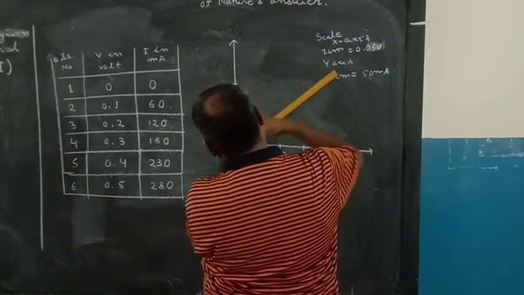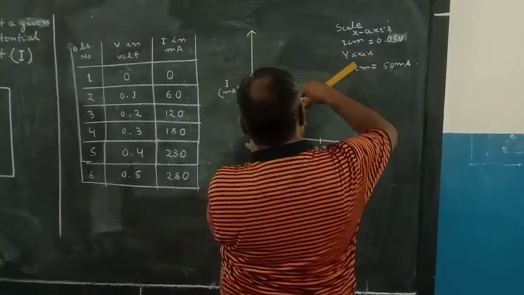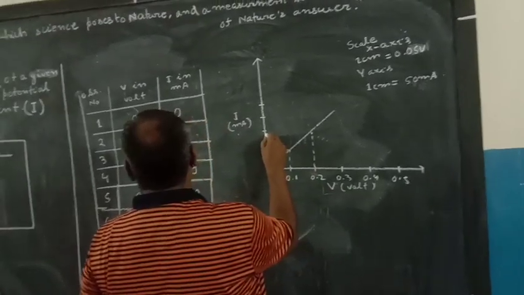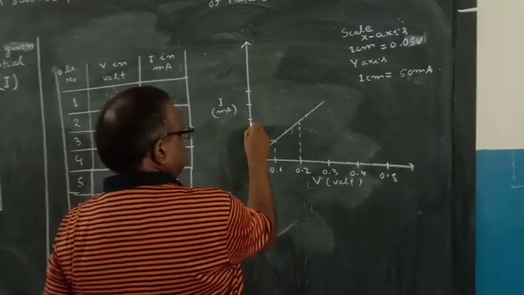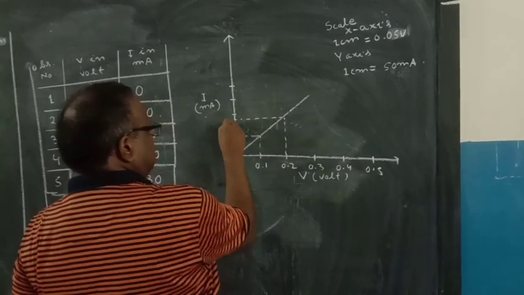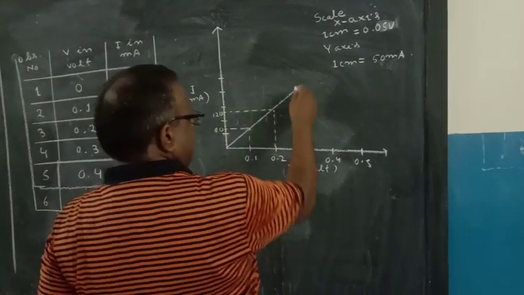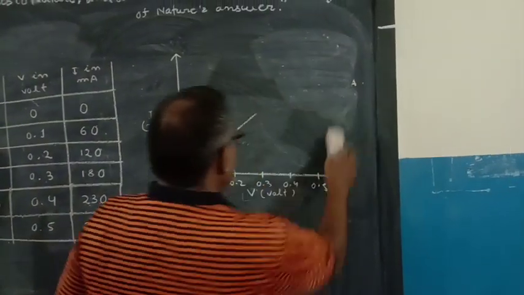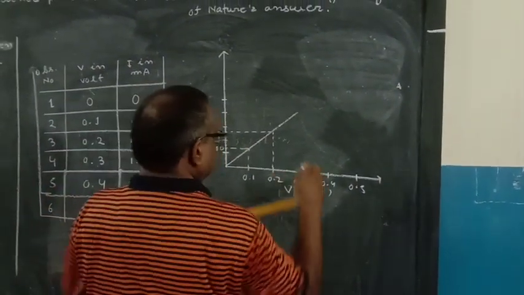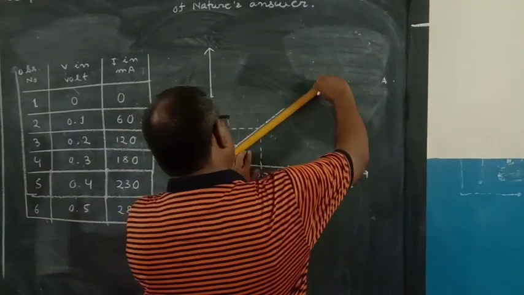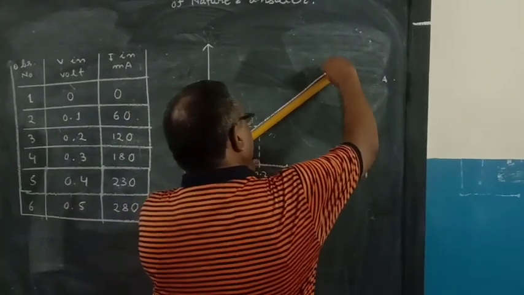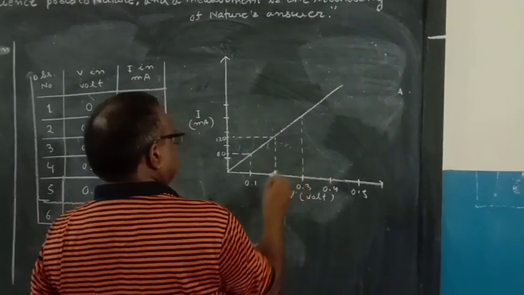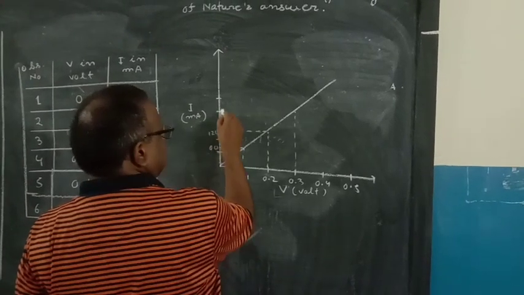So the graph will be, this is your 0.2, this is 100, so it is 120. This is 60, this is 120. And here if I am taking 0.3, then this is coming 180.